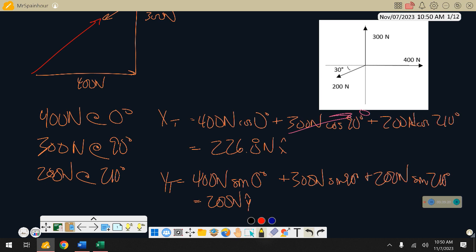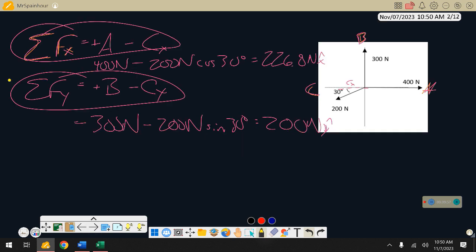If you didn't put it at all, that's fine. And cosine of 1 is just 1. So what's 400? That's A. And that over there is minus CX. So they're the exact same things, just this way is a little bit faster, a little bit more efficient. It kind of covers everything we're trying to do all wrapped into one at the same time. Okay, so it's all just vector addition. Like you see here, we get the exact same answers as we did before.